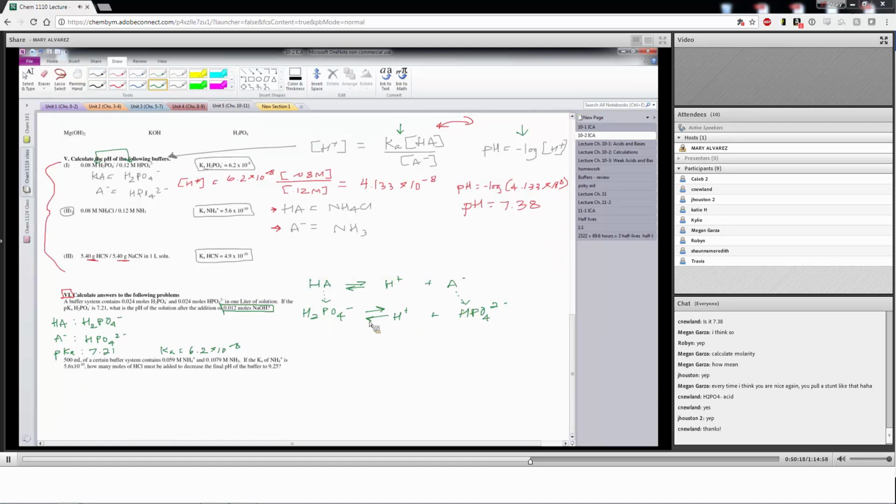Okay, so initially we start out with 0.024 moles of the H2PO4 minus, and 0.024 moles of this. Okay. And now it says I have added 0.012 moles of sodium hydroxide. What is sodium hydroxide going to react with?